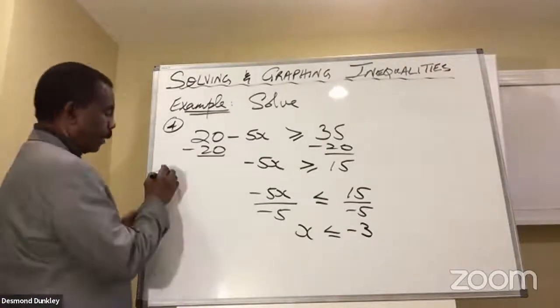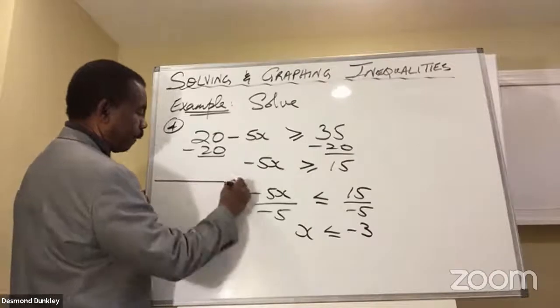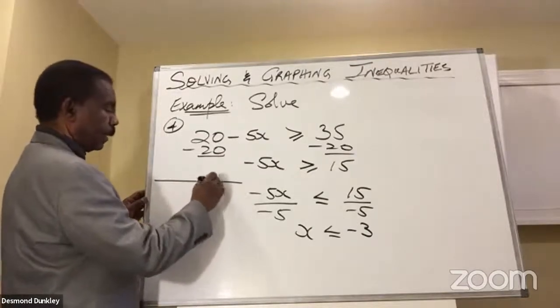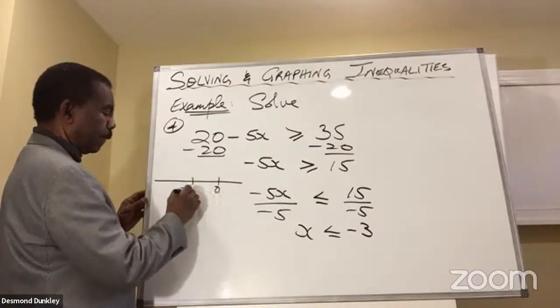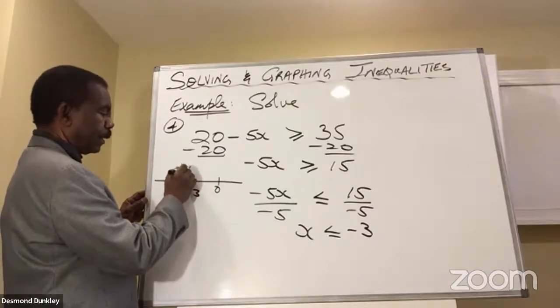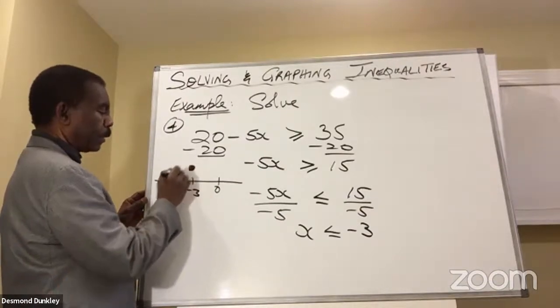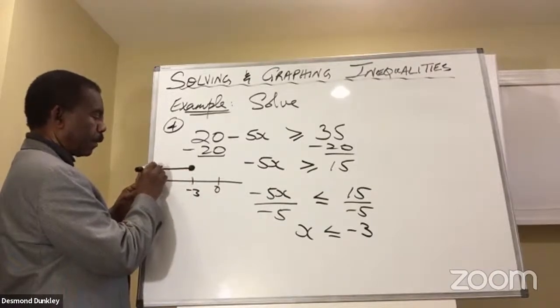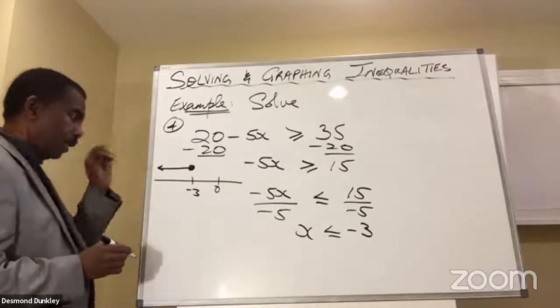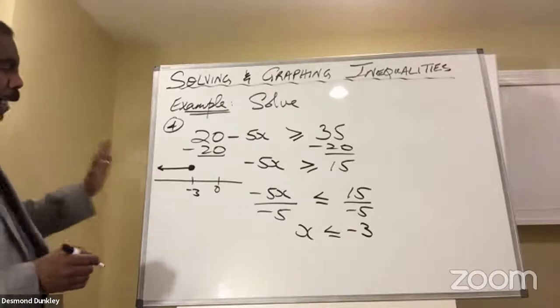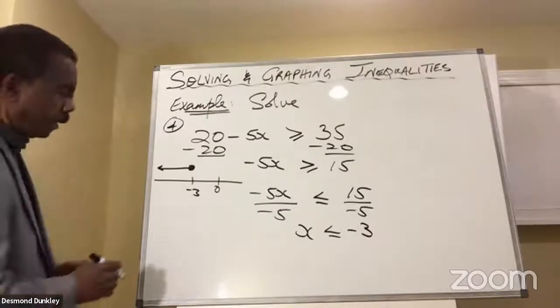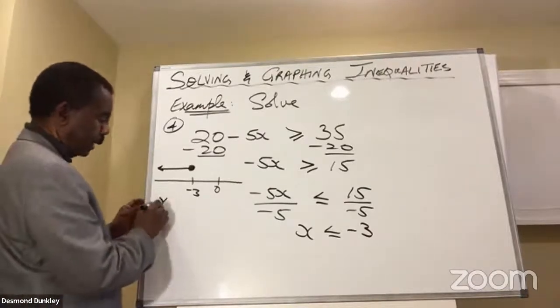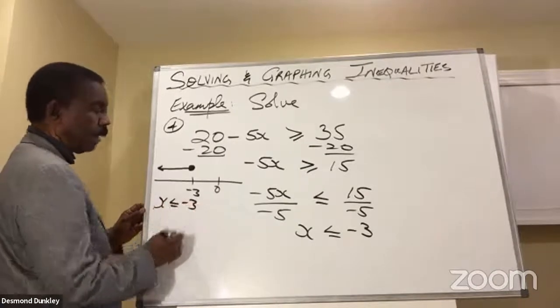X less than or equal to negative 3, the graph looks something like this. This is a 0, this is a negative 3, and it's less than or equal to, so it's a closed dot. Okay, and of course, closed circle, and you're going less than, so you're going to the left. And so there was x less than or equal to negative 3.